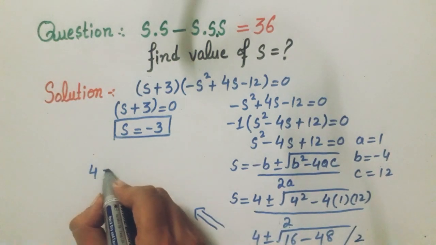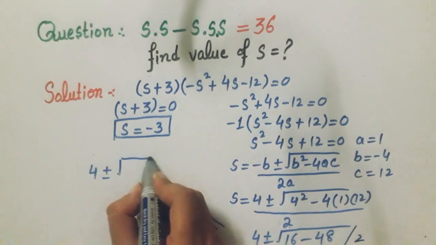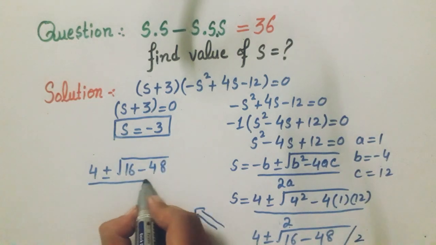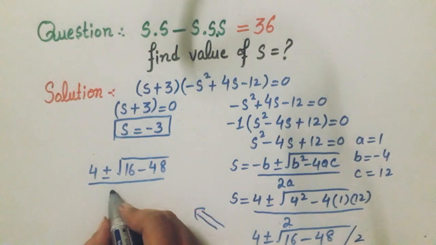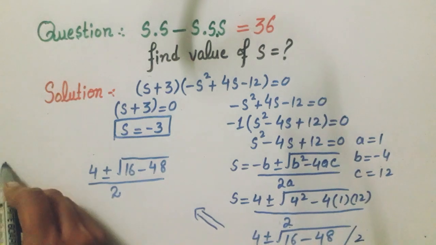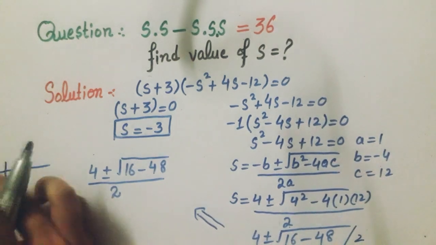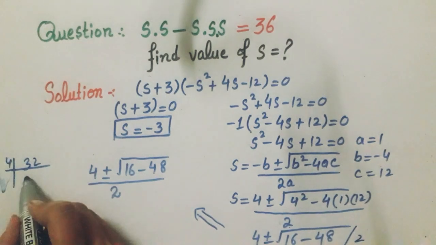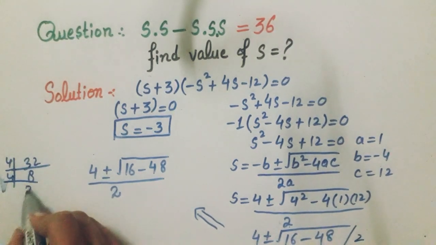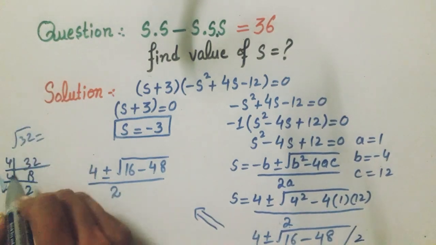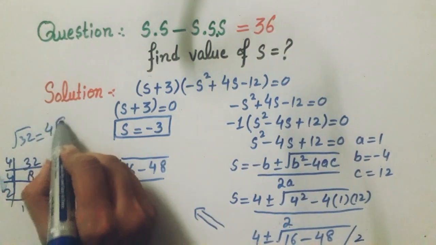So we solve this further here and get 4 plus minus the square root of 16 minus 48, divided by 2. It means that 16 minus 48 is minus 32. By taking the square root, 32 will be equal to 4 square root 2.